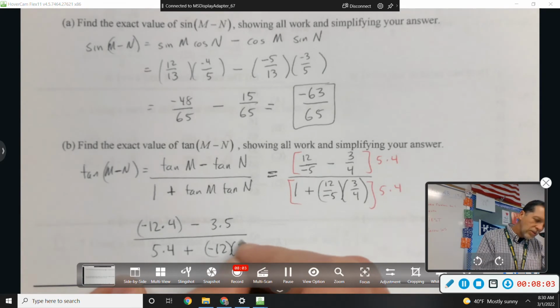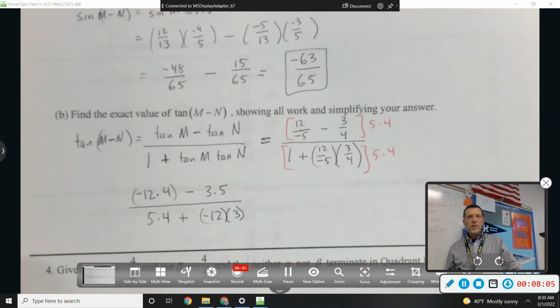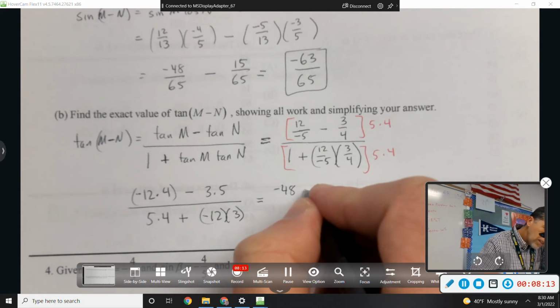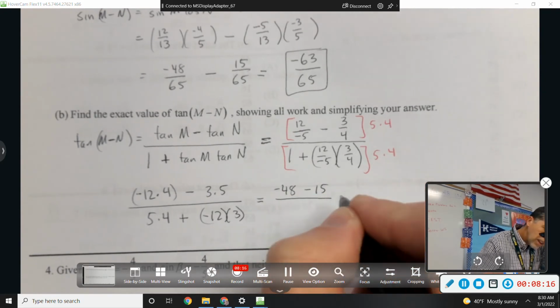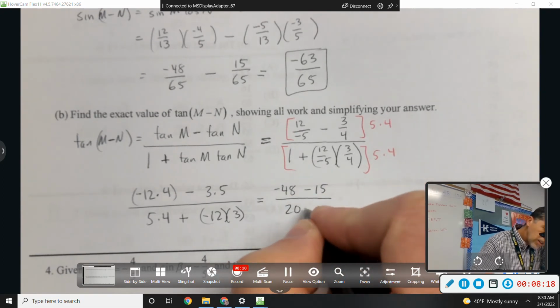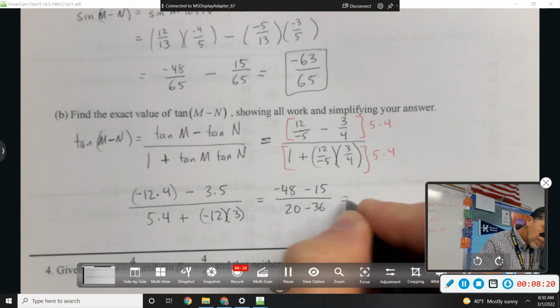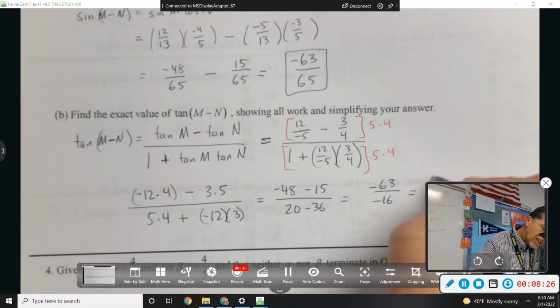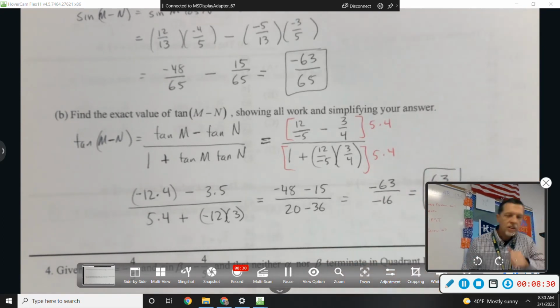So negative 12 times 3. So negative 48 minus 15 over 20 minus 36. Negative 63 over negative 16. 63 over 16.